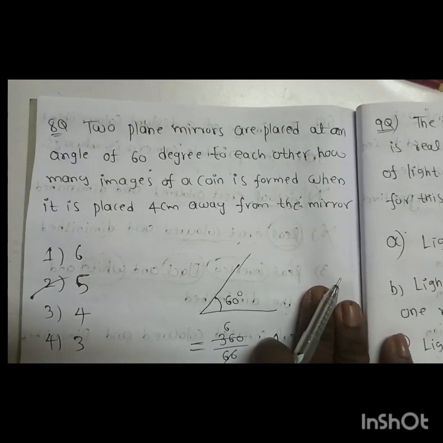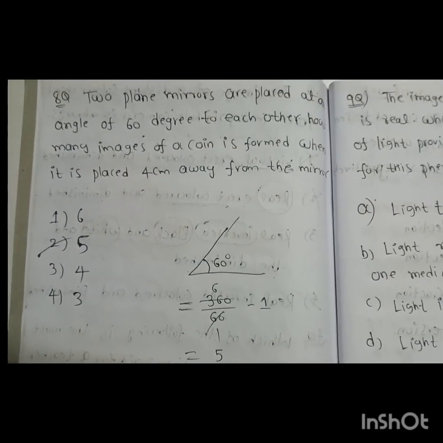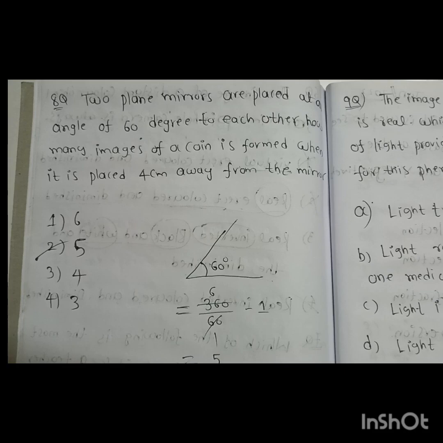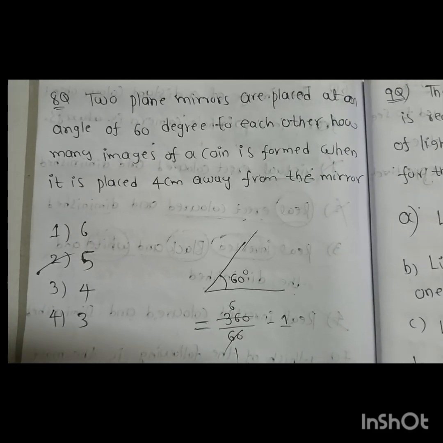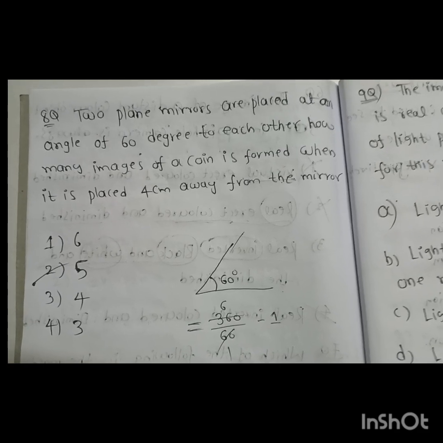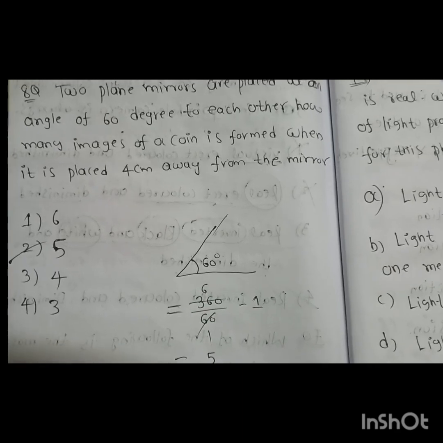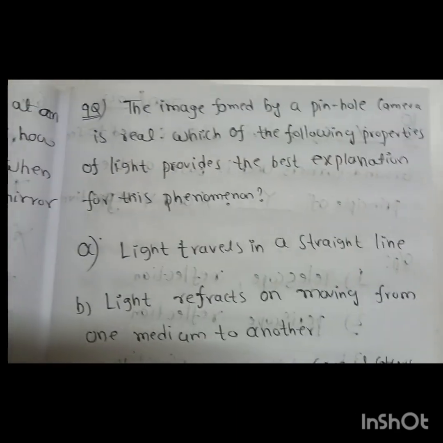Very important question if you have some idea about the number of images formed when two plane mirrors are placed at an angle. Next, we move to the ninth question.